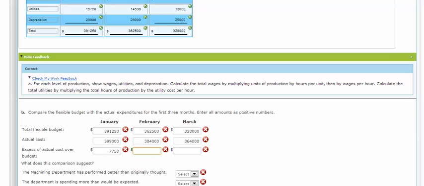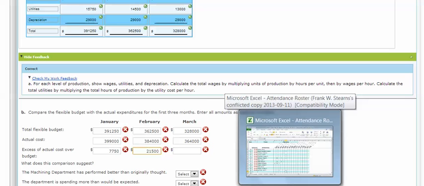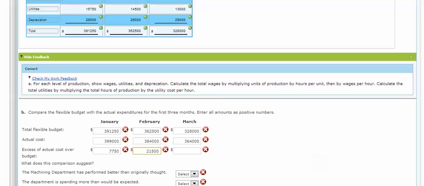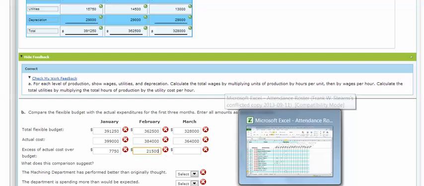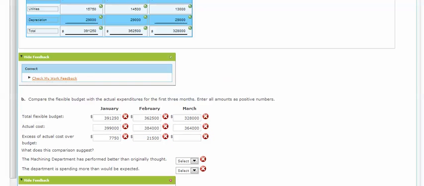In February, we have $384 minus $362,500. That's $21,500. And in March, we have $364 minus $328. That looks like $36,000.